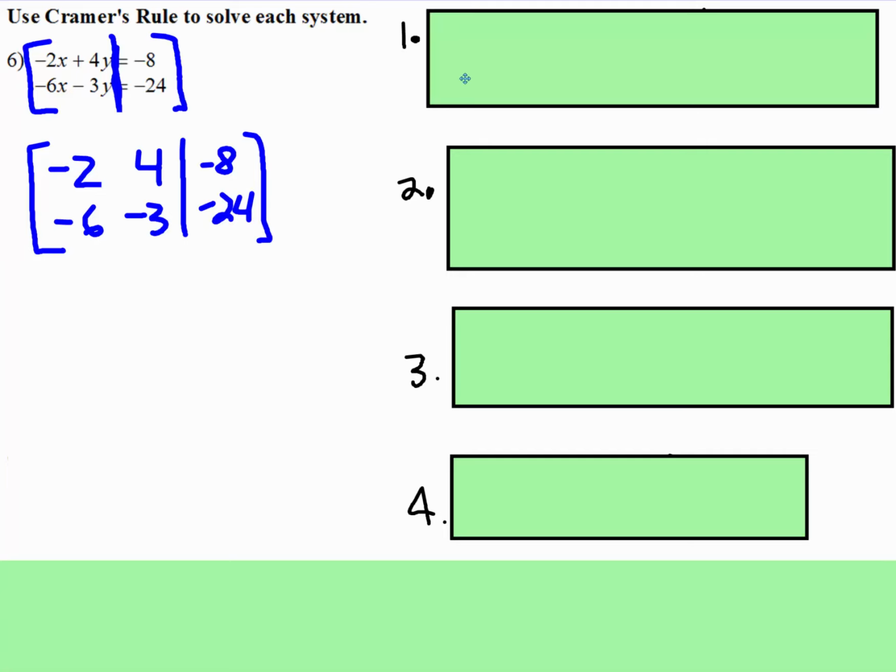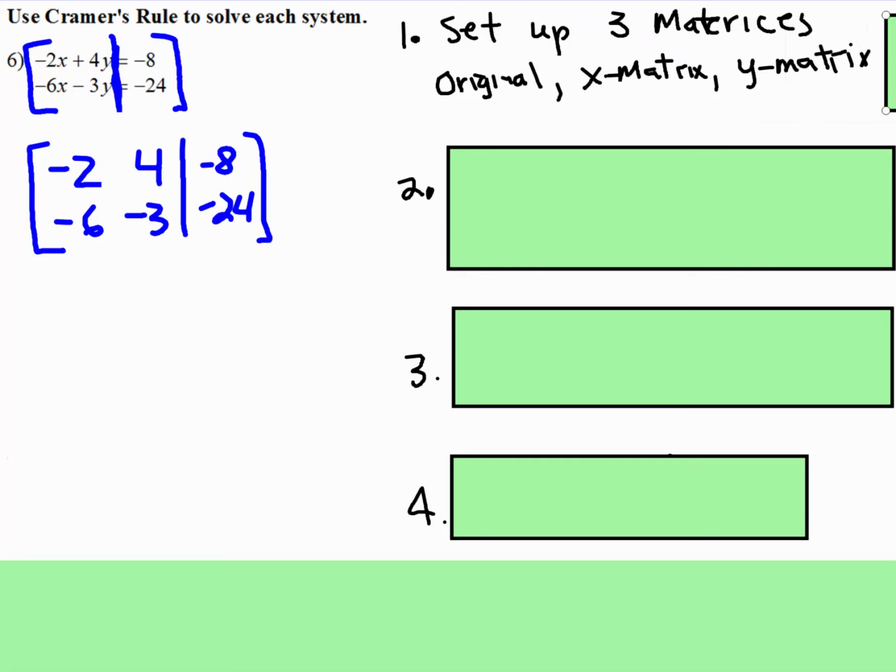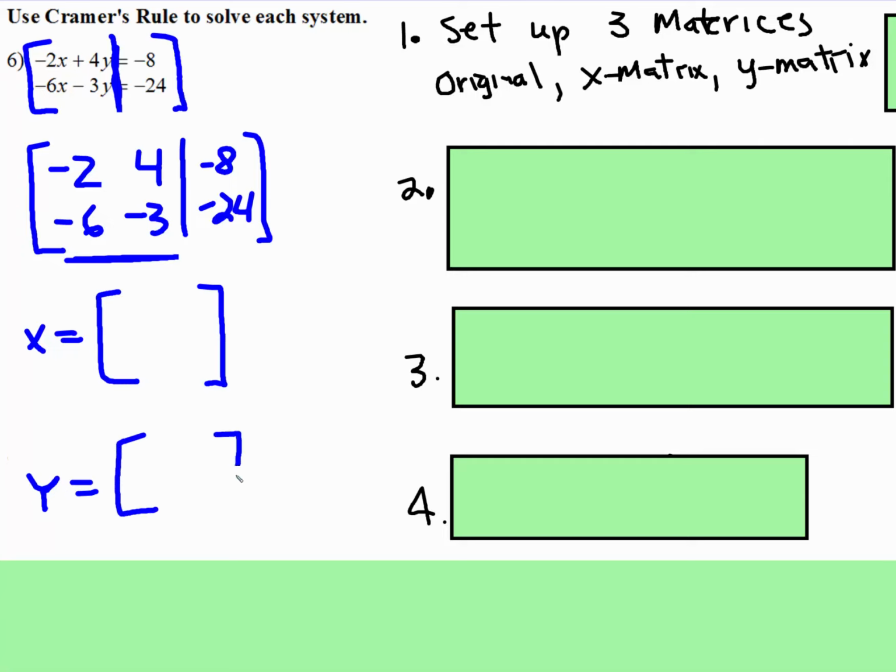What you really need to do, so here are the steps. You're going to set up 3 different matrices. The original, which is right here, and then there's going to be an X 2 by 2 matrix, and there's going to be a Y 2 by 2 matrix.